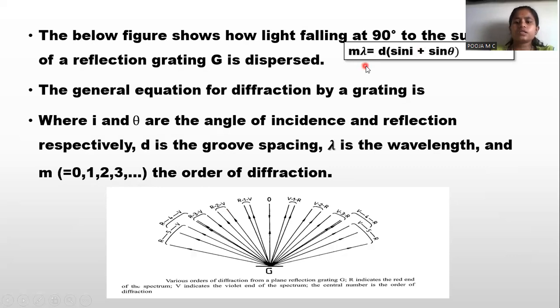Here m lambda equals d into sin i plus sin theta. It is the general equation for diffraction by a grating, where i and theta are the angles of incidence and reflection respectively, d is the groove spacing, lambda is the wavelength, and m is equal to 0, 1, 2, 3, the order of diffraction.